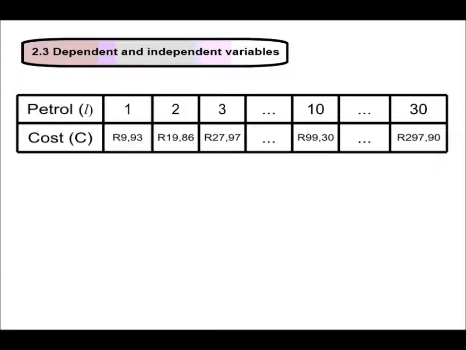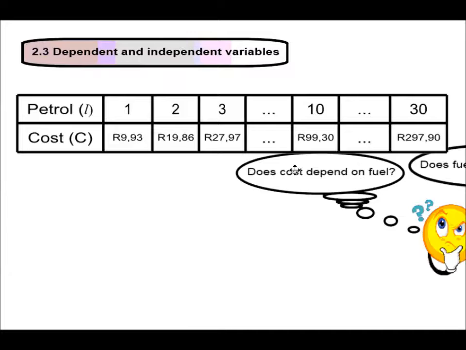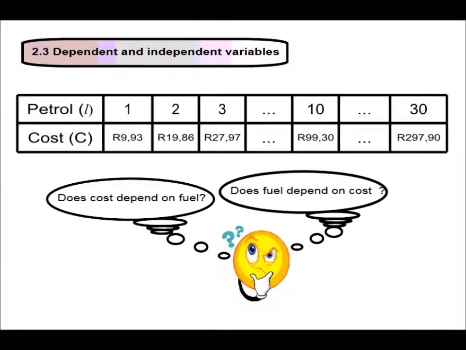Now we look at the dependent and independent variables. Does the cost depend on the fuel, or does the fuel depend on the cost? Normally, we pull up at a filling station and we say, please will you fill up my tank?